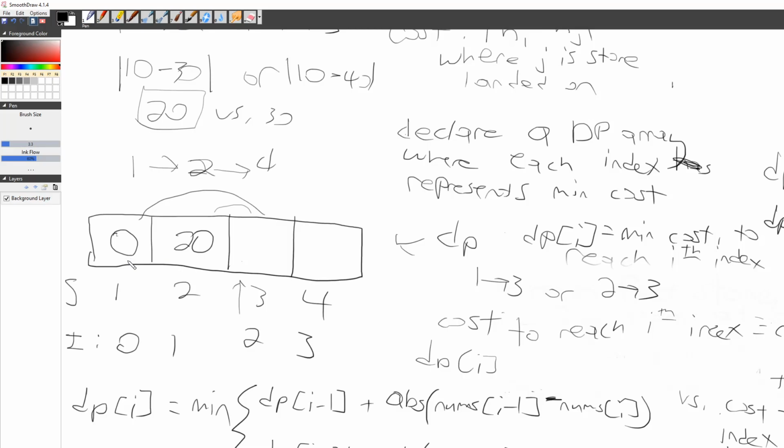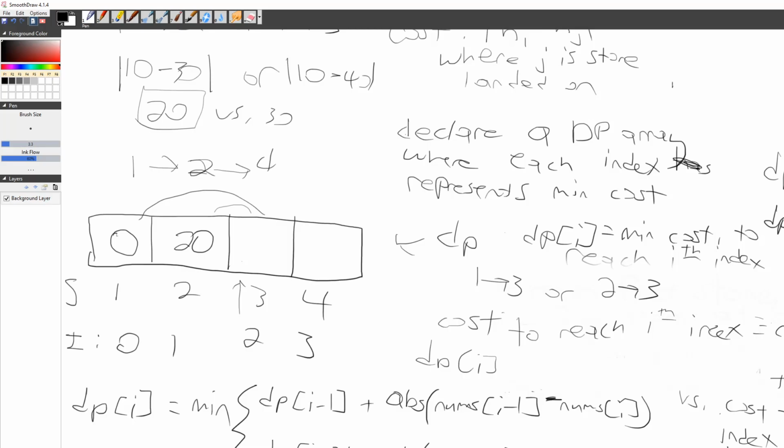So dp of index 2 equals minimum of dp of 1 plus absolute value of nums sub 1 minus nums sub 2, and dp of 0 plus absolute value of nums sub 0 minus nums sub 2.